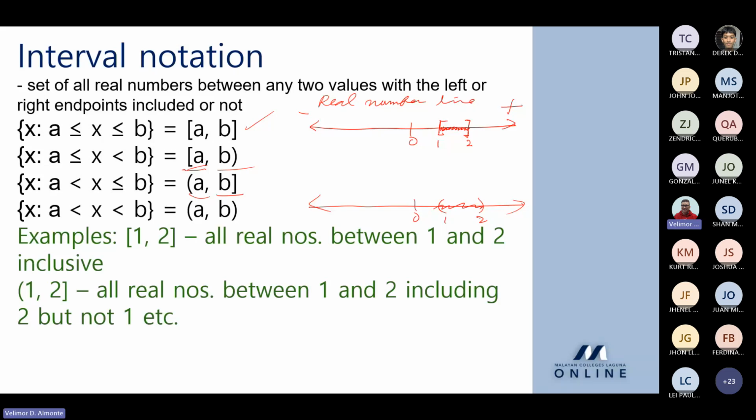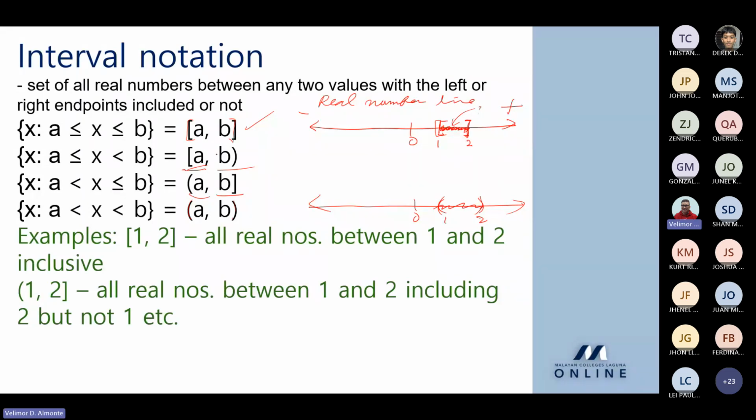For example, if I want all elements between 1 and 2, regardless of what it is, those are the elements there. There are infinitely many real numbers inside that interval. So just write it like this using brackets. The brackets indicate that the endpoints are included. If you don't want to include the endpoints, you can use parentheses. So that is an open interval.